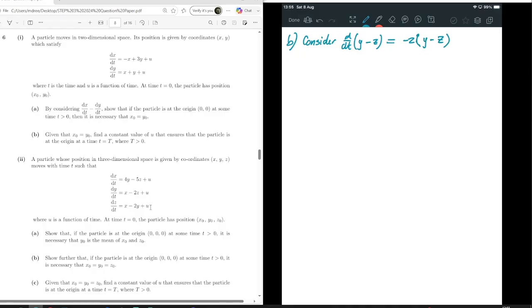I'm expecting, nope, the signs are wrong there, so is this just a positive 2? I'm expecting to have a minus 2z, which I've now got, and a positive 2y. Nice. Which means that y minus z is equal to some constant times e to the 2t.